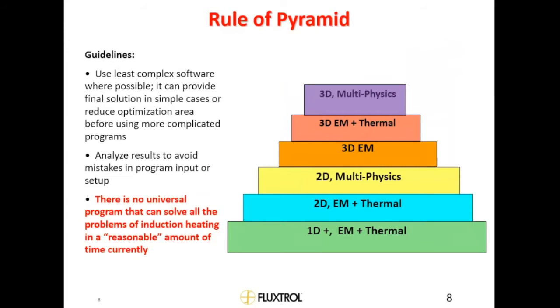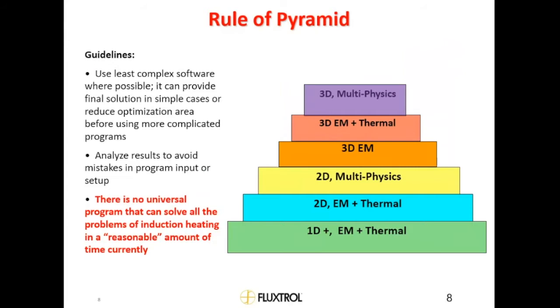I can say right now, in today's world, there is no universal program that can solve all the problems of induction heating in a reasonable amount of time. For a 3D multi-physics simulation, generally the solve times can be in days to months for one case with very modern workstations. So you really want to limit the time you use at the top of the pyramid.